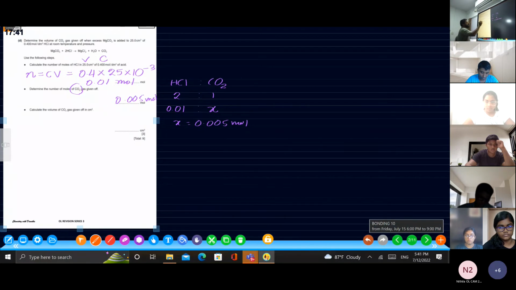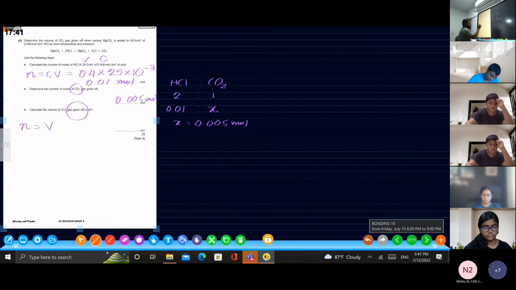Calculate the volume. So for the volume of gas, n equals V over 24. Today I'm trying to maintain a steady speed of explanation to make sure that you grasp things.